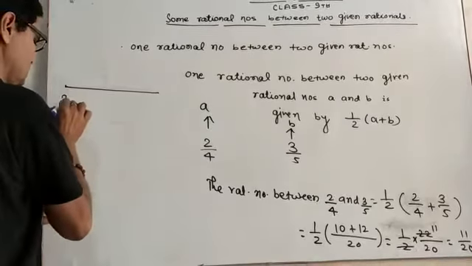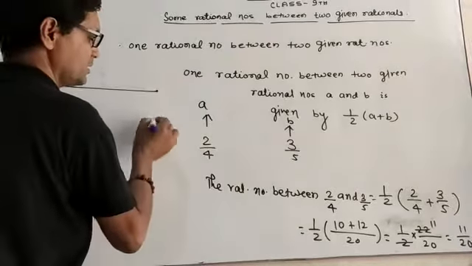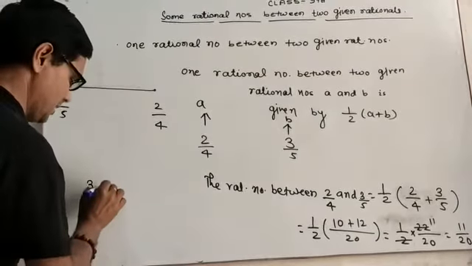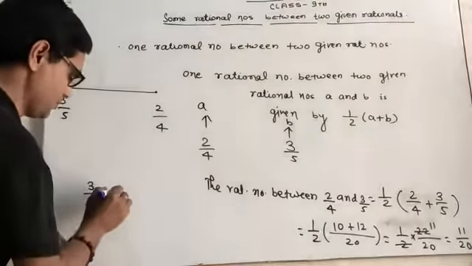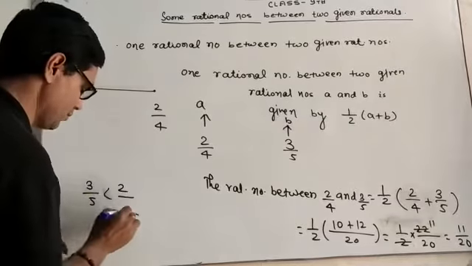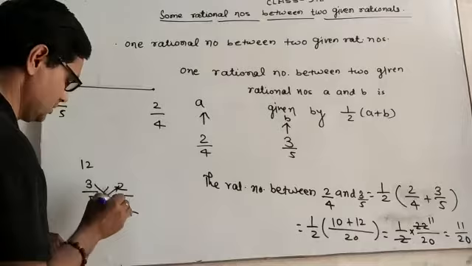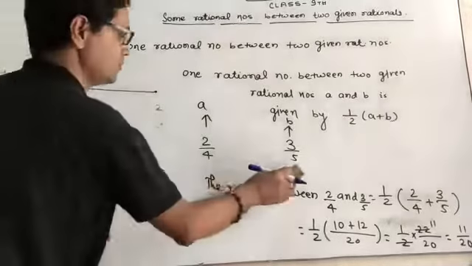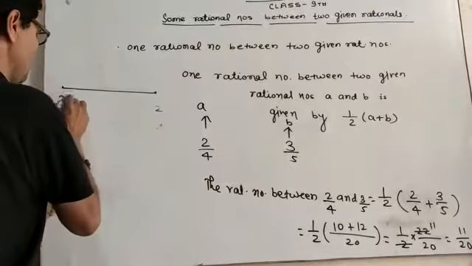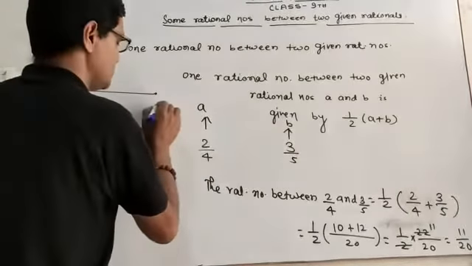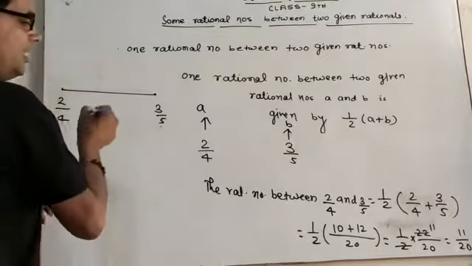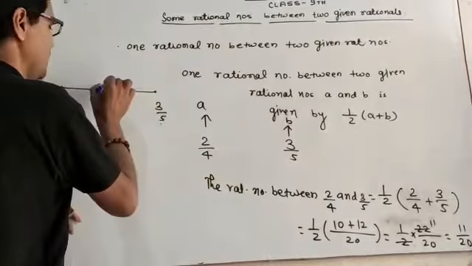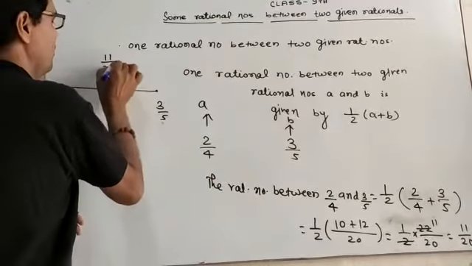This is 3 by 5 and this is 2 by 4, because 3 by 5 is less than 2 by 4. 5 4 3 is 12, 5 2 is 10. This is 2 upon 4, and this is 3 upon 5, and the rational number between 2 by 4 and 3 by 5 will be 11 by 20.